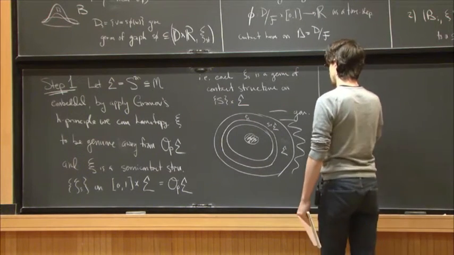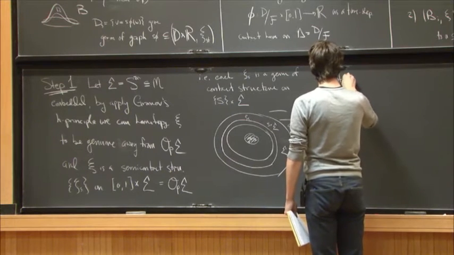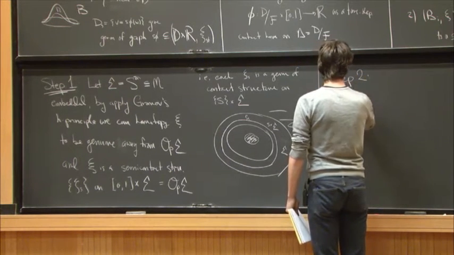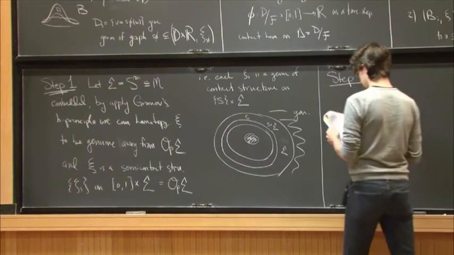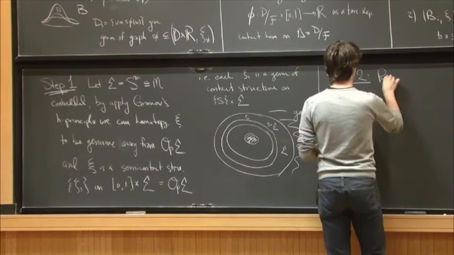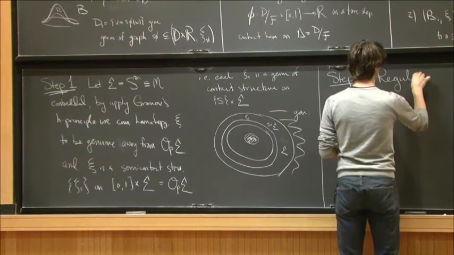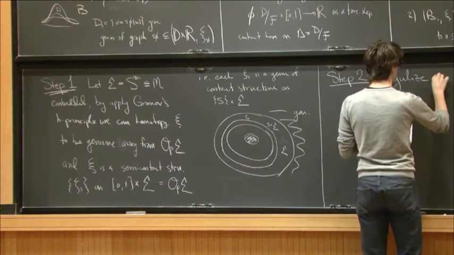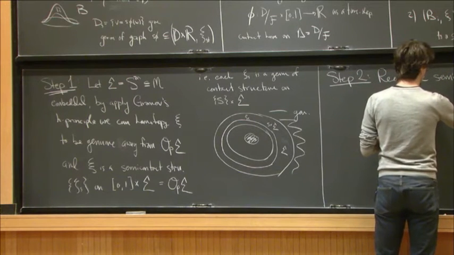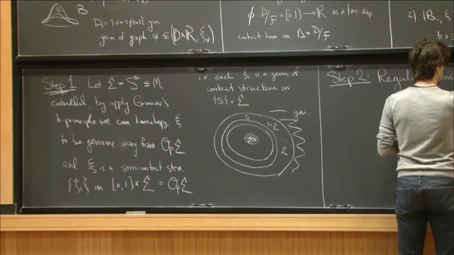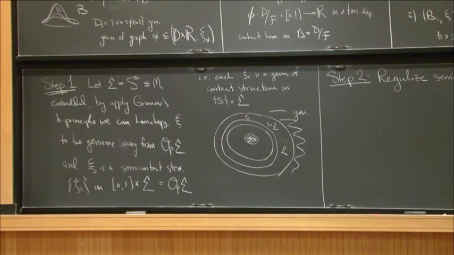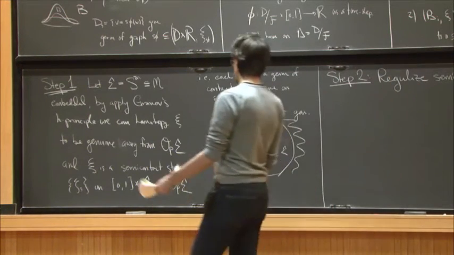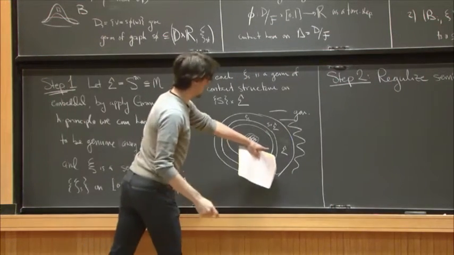So now we want to further regularize this semi-contact structure. Up at step 1, we've reduced our whole problem to what the almost contact structure looks like near sigma.